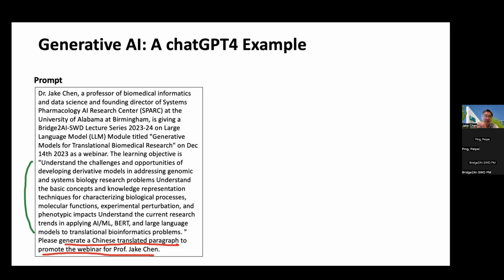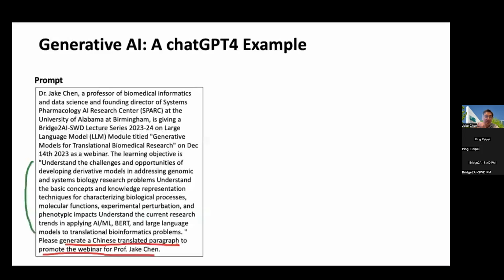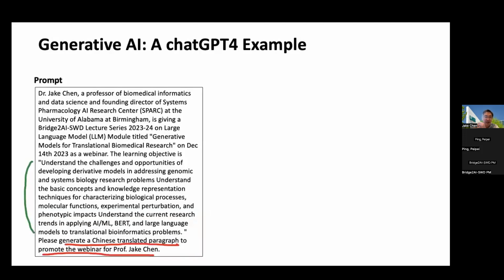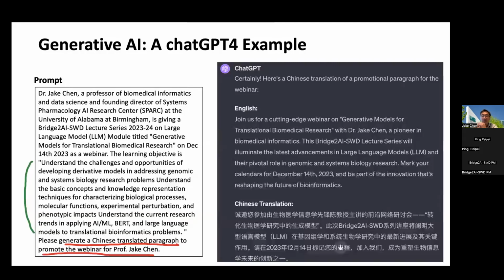I said, here's me, I'm going to give a lecture on generative models on December 14th, and here are a bunch of learning objectives. Please generate a Chinese translated paragraph to promote the webinar for Professor Jake Chen. So in a sense, this is a generative AI. Let's see how ChatGPT generated.